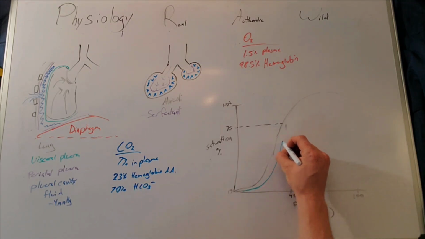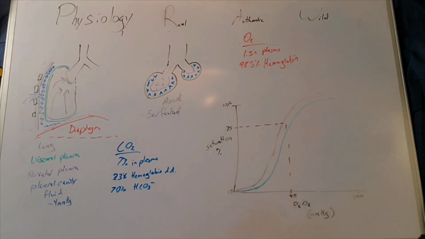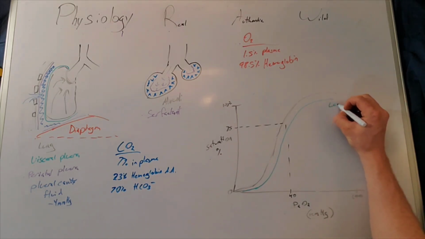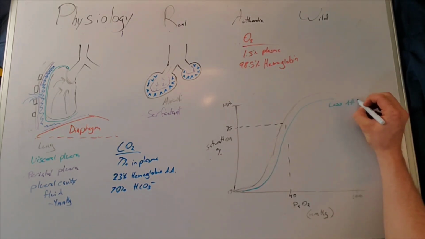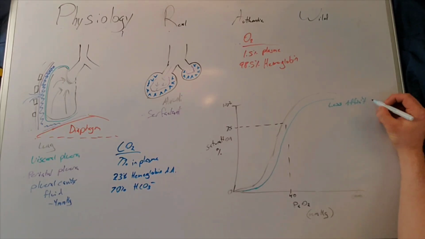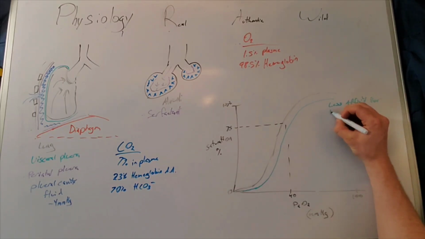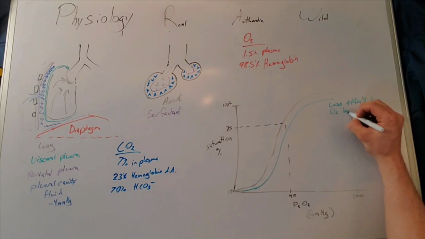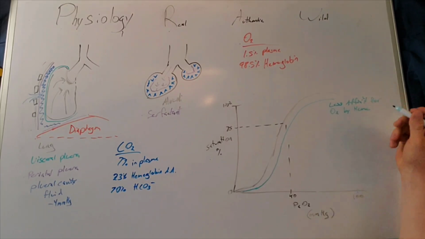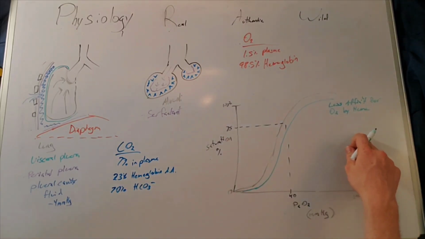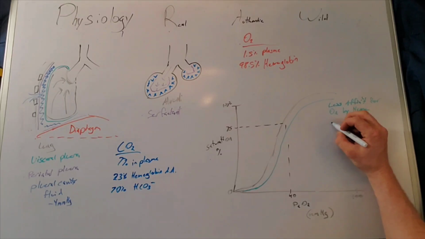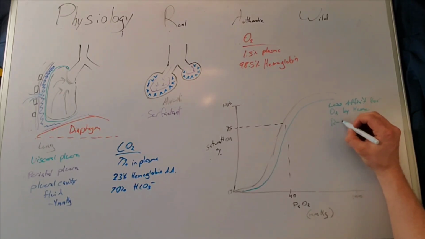This green line shows less affinity of oxygen to heme, so I'll write that, less affinity for O2 by heme.